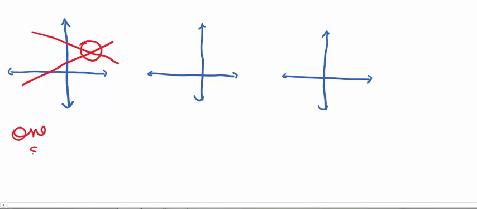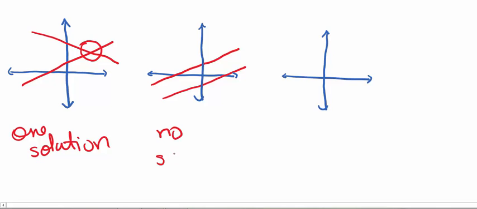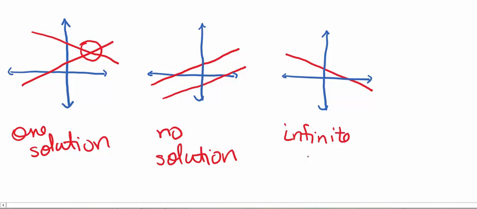So that would be one solution. However, it's also true that the lines could be parallel. In this case, they have no point of intersection, so there would be no solution. And then finally, I could consider the same line twice, in which case they intersect at every single point on the line. So we would have infinite solutions.